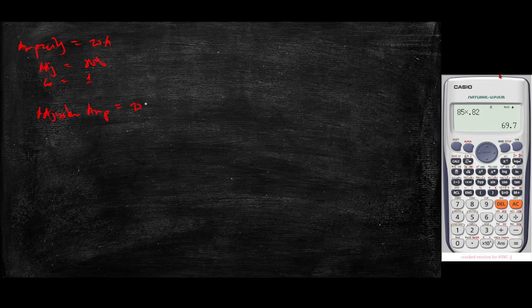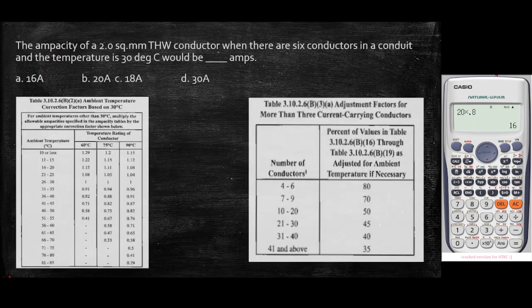We have 20 amperes times 80%. So that's 0.8. Tapos times 1, which is the correction. We have 20 times 0.8, so that's 16 amperes. Yan. That will be letter A. Letter A. Yung tamang sagot. No? Kasi consider natin yung 6 conductors.